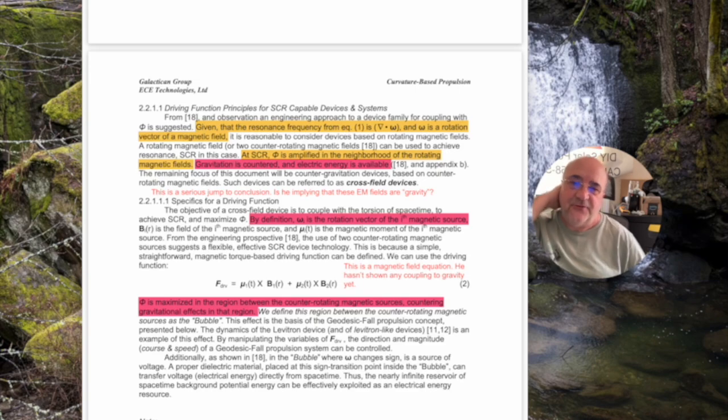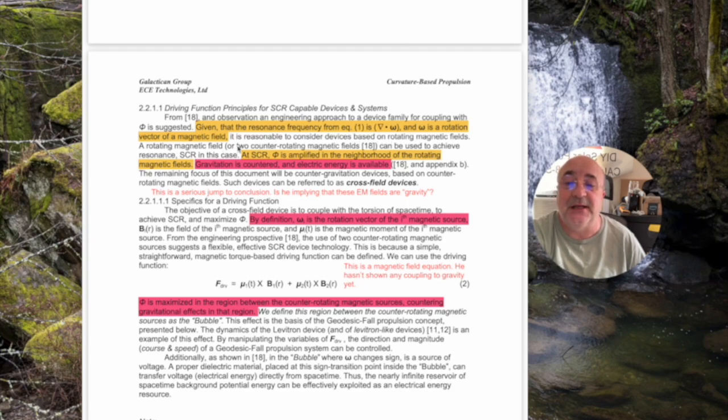So, the driving function principles for spin connection resonance capable devices and systems. Given that the resonant frequency is the divergence of omega, and omega is a rotation vector of the magnetic field, which usually has units of radians per second, not radians per meter, it is reasonable to consider devices based on rotating magnetic fields.